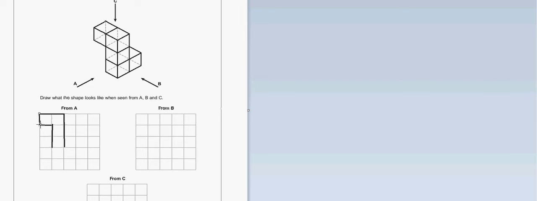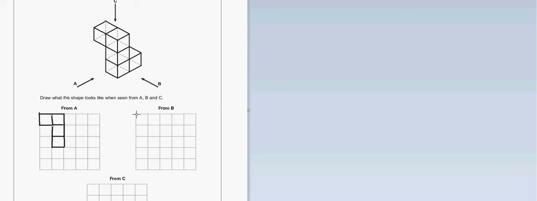Okay, so I'm just trying to draw it in for you. Now if you want to, you could put in each square so that the examiners can see. Okay, and that's good enough. So you would see these 2 squares here, which would be these 2 squares here, and you would see these 3 down. So you would see these 3 down. That's it. Now from B we can see, you would see these 3 down and 1 across.